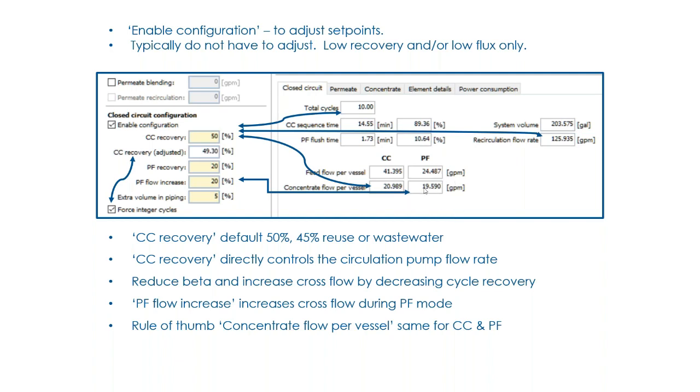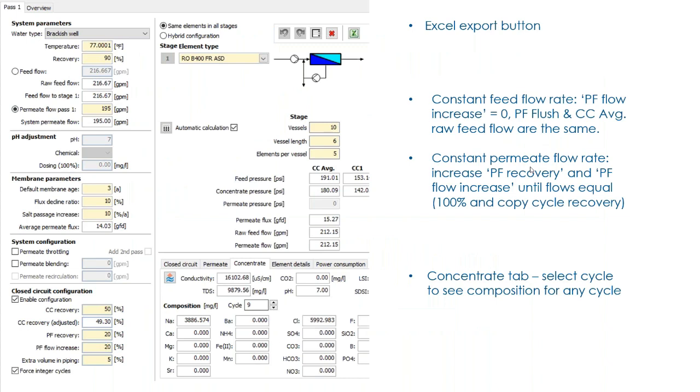And then I like having the energy during the PF to really create some turbulence and blast out anything that started to precipitate. But those are the two main inputs. So your cycle recovery will set the amount of cross flow, so that directly controls your circulation pump.